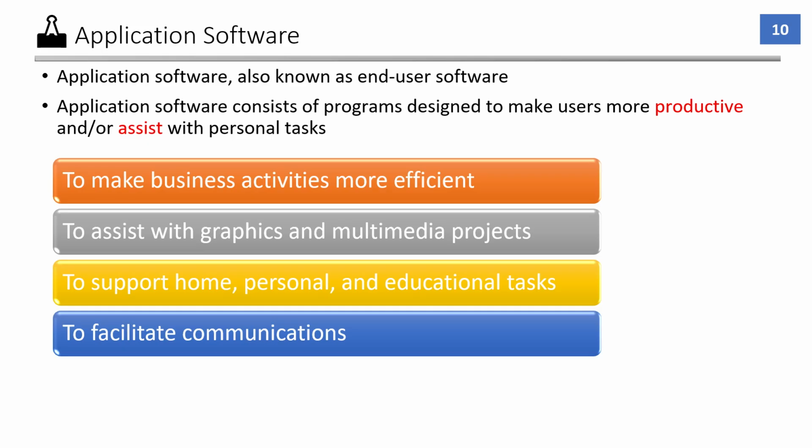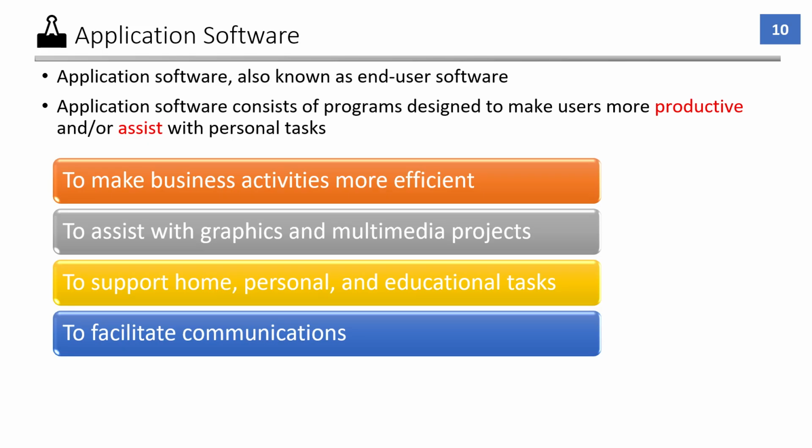Application software, also known as end-user software, refers to programs designed to help users perform specific tasks. These programs are created to make users more productive and to assist with everyday activities. Application software is widely used to make business activities more efficient, such as accounting, reporting, and data analysis.